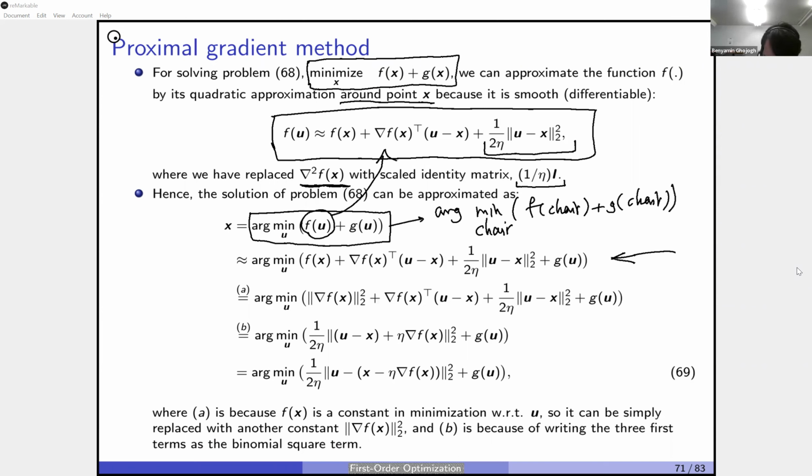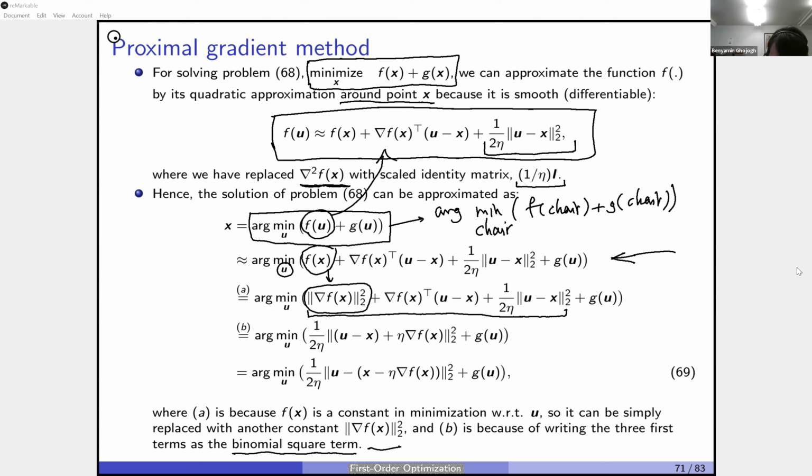Now, the term f of x is a constant with respect to the optimization variable u. Therefore, I can add another constant with respect to u, which is the squared L2 norm of the gradient. I can do that because it's constant. Then consider these three terms using the binomial squared term.